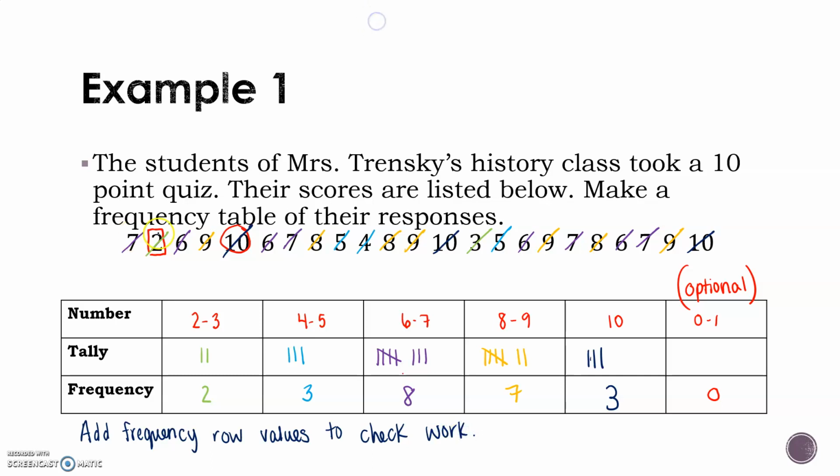So there were 1, 2, 3, 4, 5, 6, 7, 8, 9, 10, 11, 12, 13, 14, 15, 16, 17, 18, 19, 20, 21, 22, 23 up here. And if I do 8 plus 2 is 10, 3 plus 7 is 10, so that's 20 and 23. So that means that, yep, we accounted for everybody. So that's how to make a frequency table.